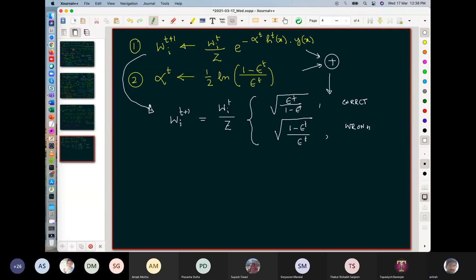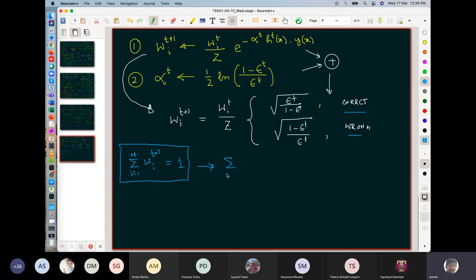Right? Calculation wise, yes or no? Now another condition I should not forget. For all i equal to 1 to n, the sum of w_i^(t+1) is equal to 1. Right? Because that is my assumption of the weight. That's why I normalized and made w_i^(t+1). If I go into here, it means sum over all points means sum over the points which are correct, plus sum over the points which are wrong at the t plus 1 step.